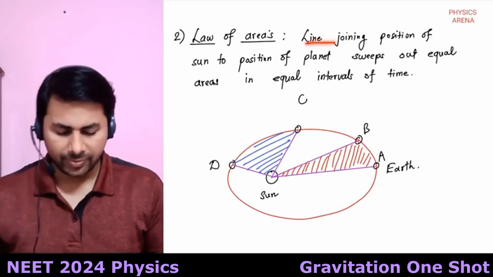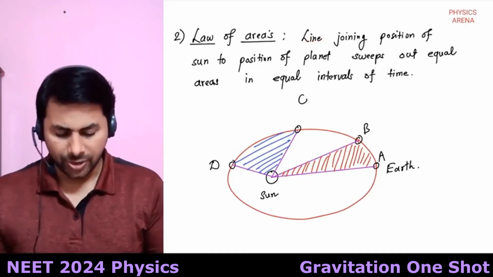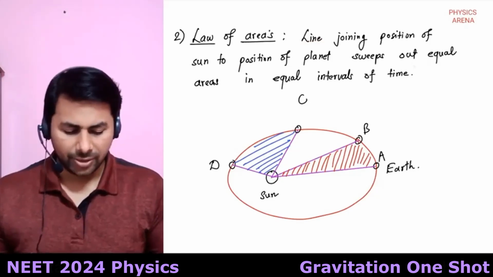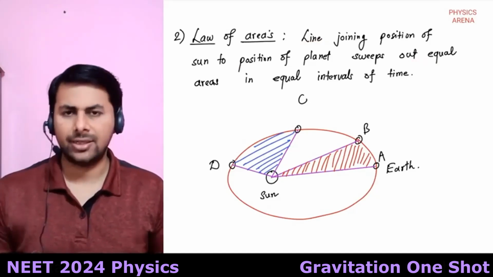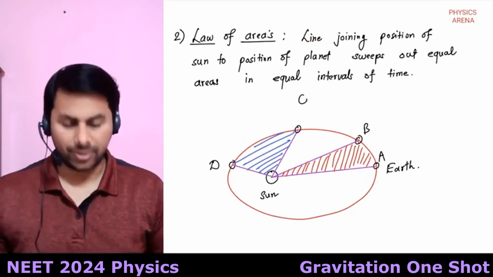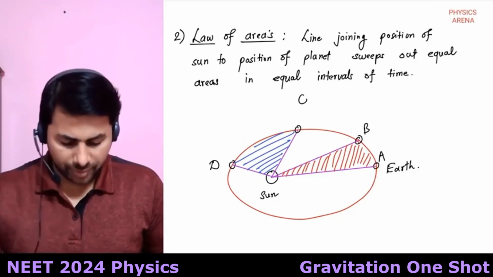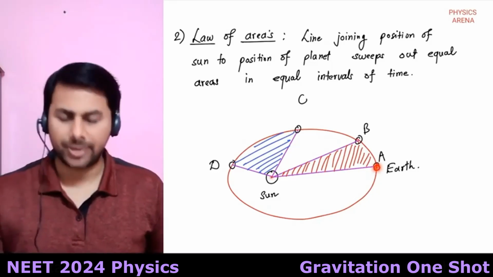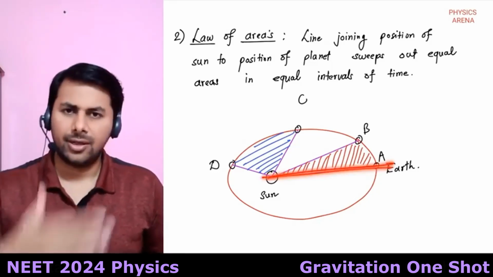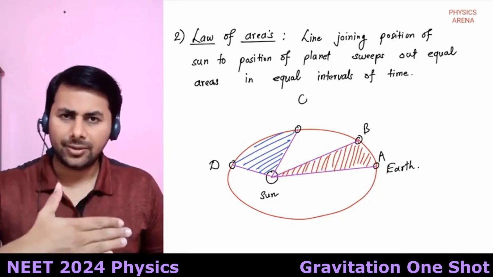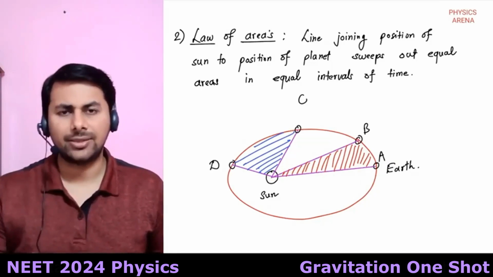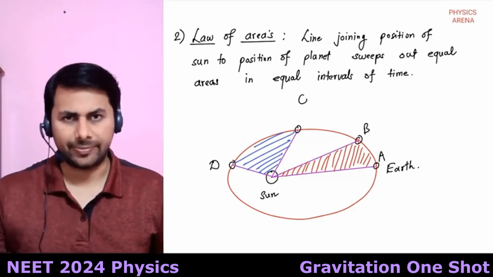So what is the law of areas? The line joining the position of the sun to the position of the planet sweeps out equal areas in equal intervals of time. If you join any planet, for example Earth, the center of the planet to the center of the sun, you will get a line, and that line will move through equal areas in equal intervals of time.